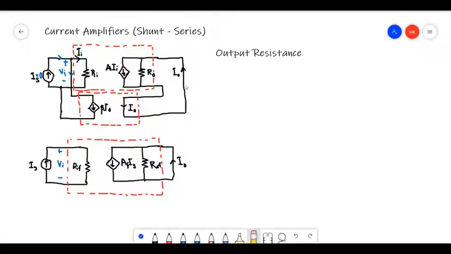I'm going to add a voltage source over here, producing a voltage of Vx, which injects a current of Ix into this system. Actually, sorry, let me make this a current source.